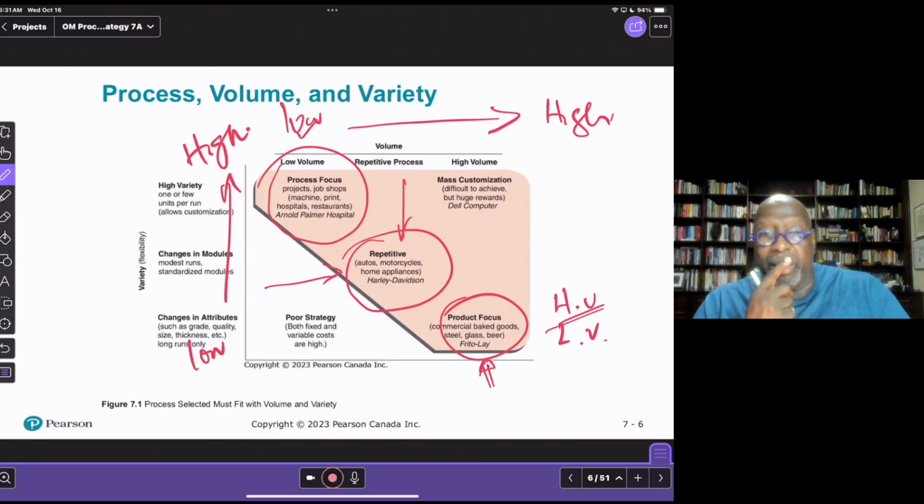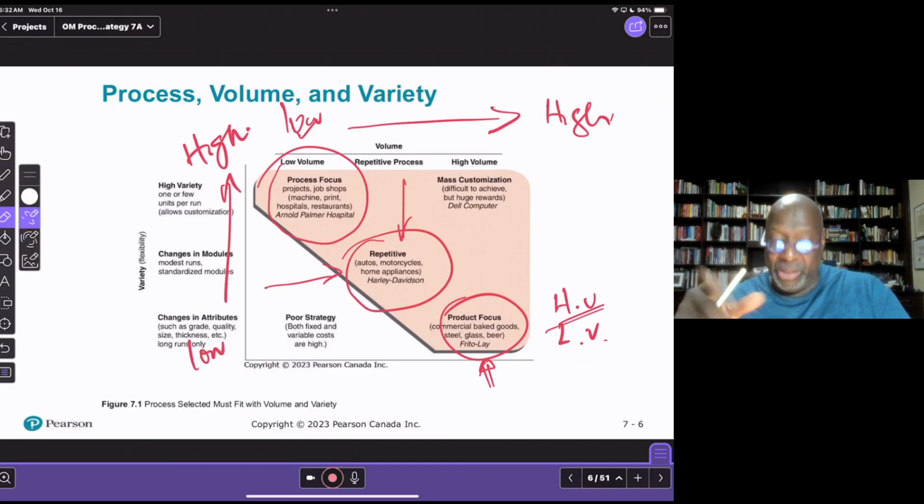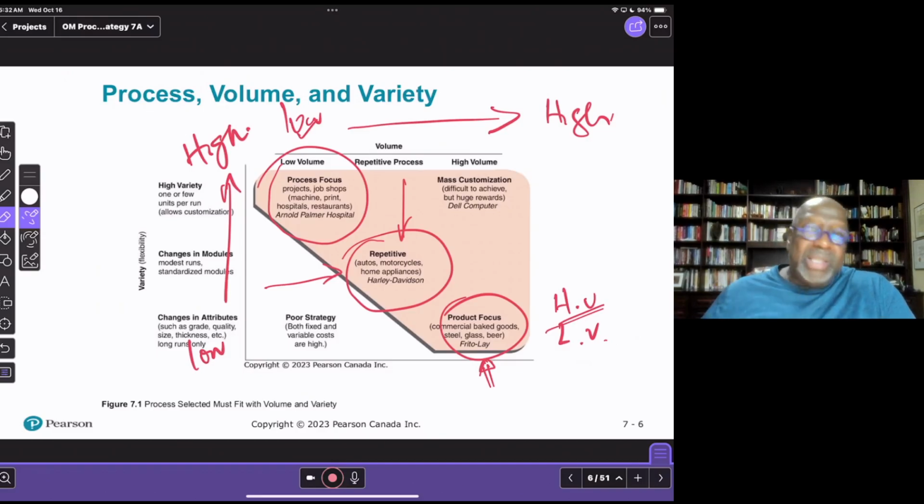Now, if you were to think about a facility like a McDonald's, for example, what kind of process would we call that? Would we call that a process focus, repetitive focus, or product focus? Well, it's not process focus because making a burger, for example, does not have multiple routes. A product focus, we're not producing the kind of mass volumes where you just have burgers coming on in very high volumes.